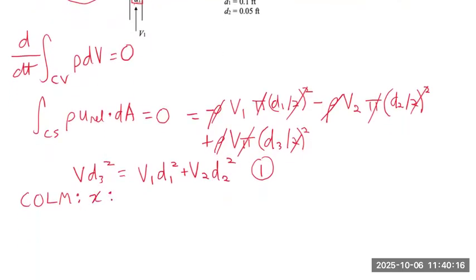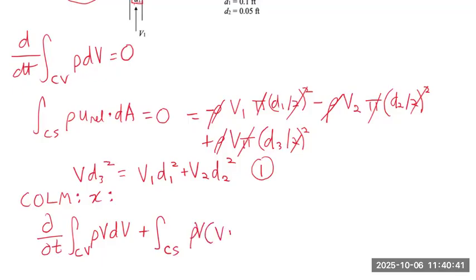So first, let's do the x direction. So for a stationary control volume, we will have the partial derivative with respect to t of the integral over the control volume of rho v dV plus the integral over the control surface of rho v times v dot dA is equal to Fs plus Fb.